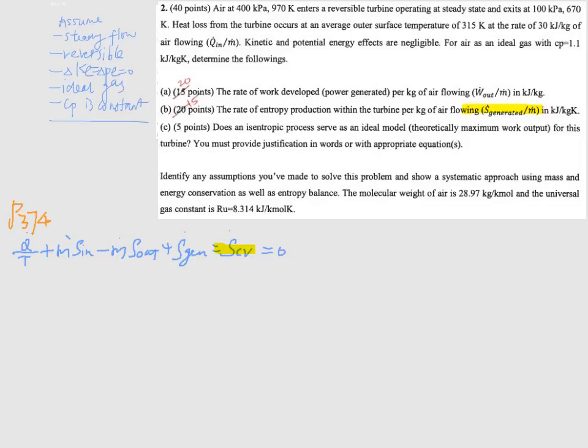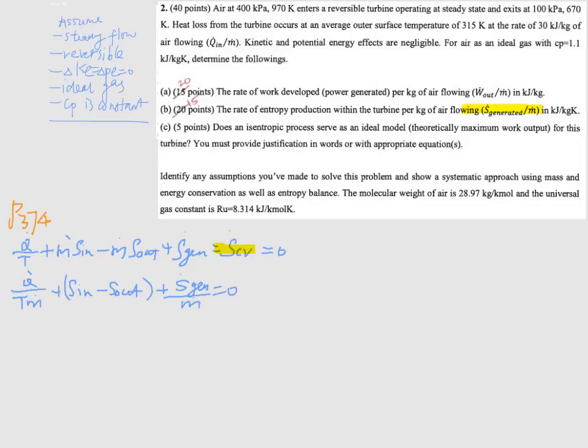Our goal is to rearrange this equation so it is S dot generated over M dot. So if we divide all these terms by M dot, we'll have Q dot over T M dot plus S in minus S out plus S dot generated over M dot, equal to 0.